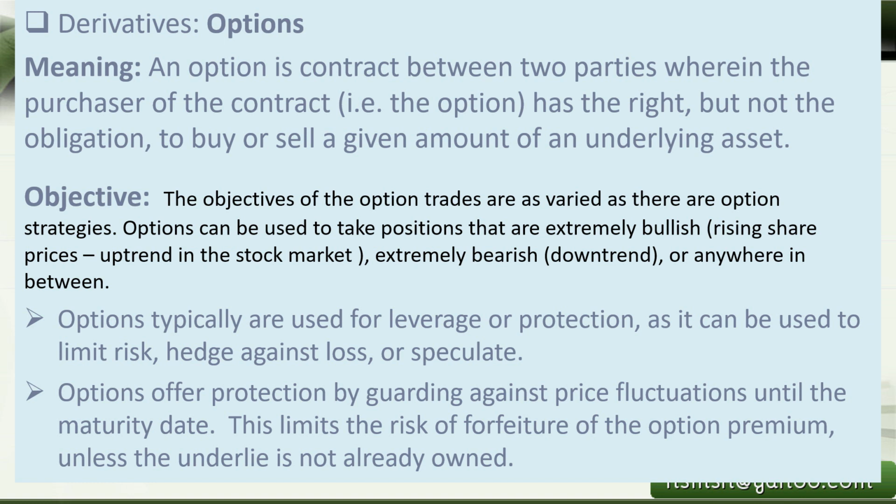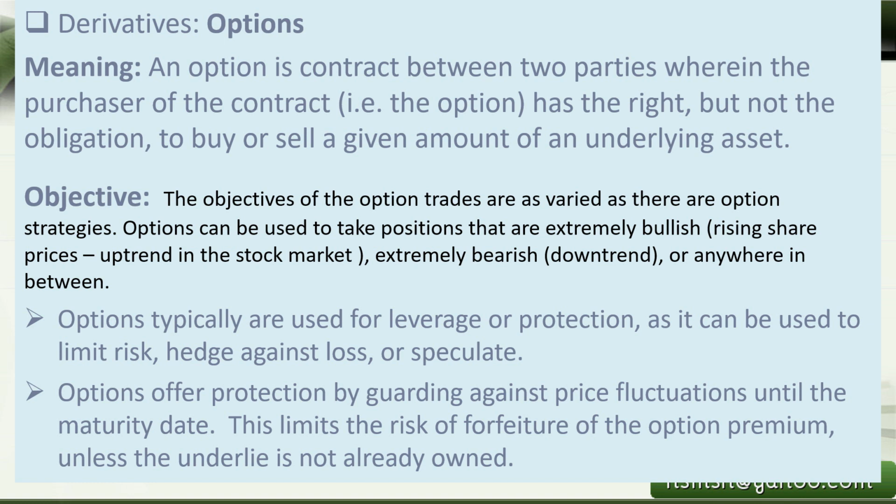He can opt to buy in future a particular underlying asset, but he is not obligated to buy. And it is not obligatory for him to sell if he has taken a put option, for a given amount of an underlying asset.